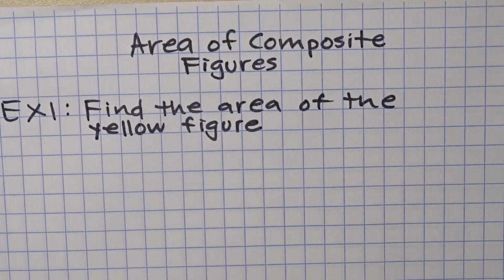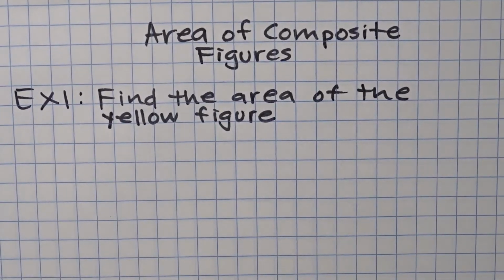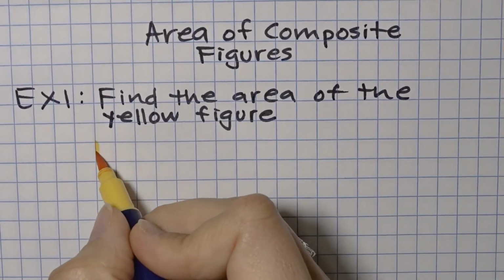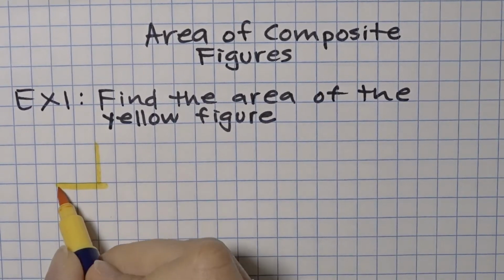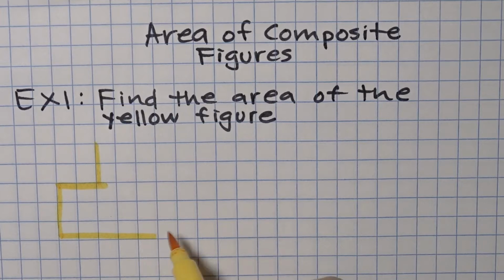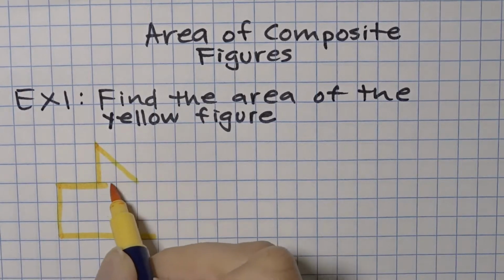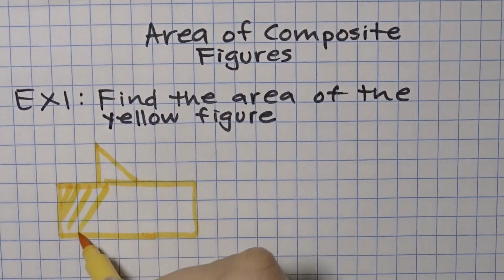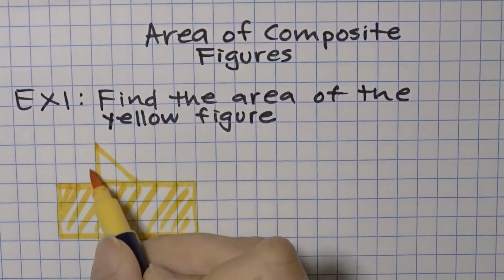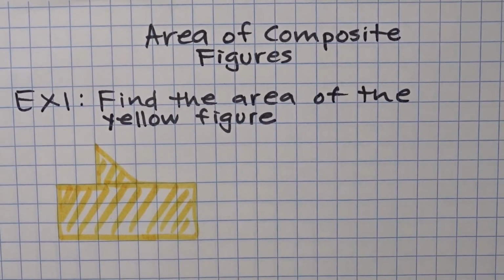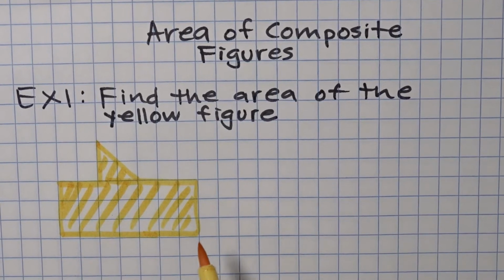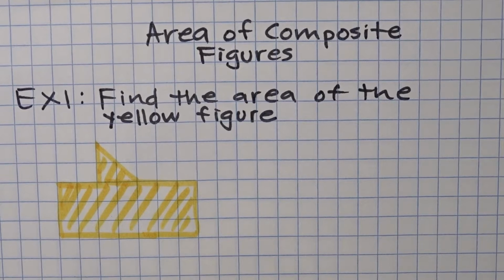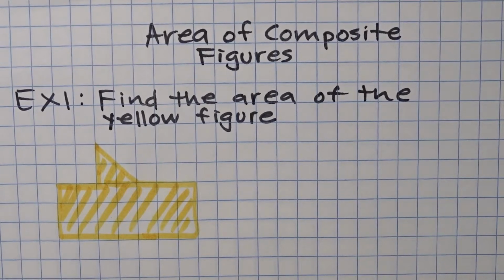Okay, so the yellow figure. I'm going to draw or shade in a yellow figure. Okay, and what we're doing is we're counting the blocks.